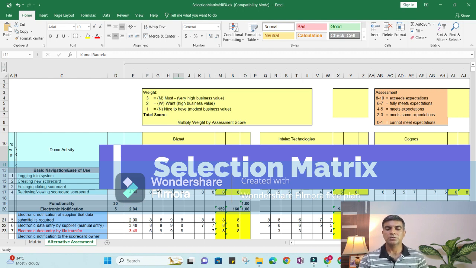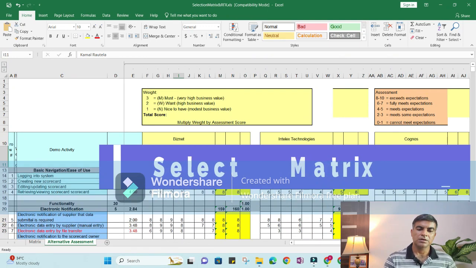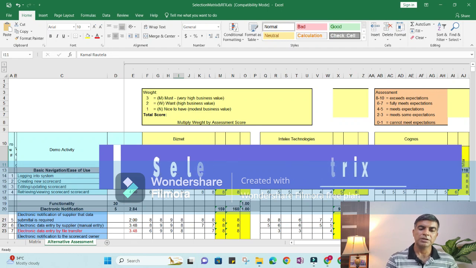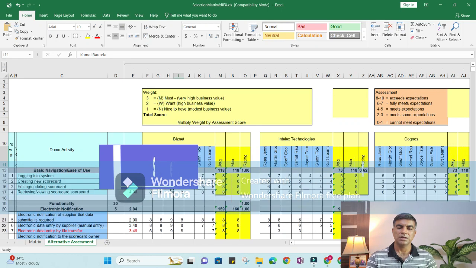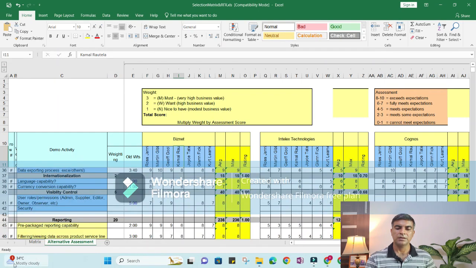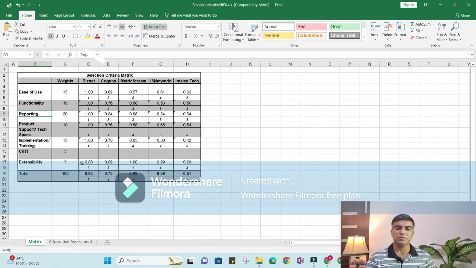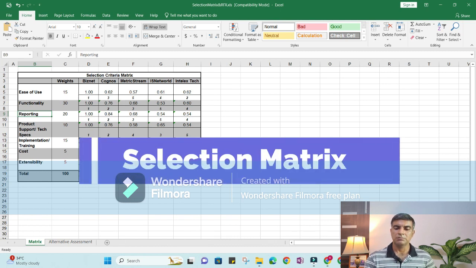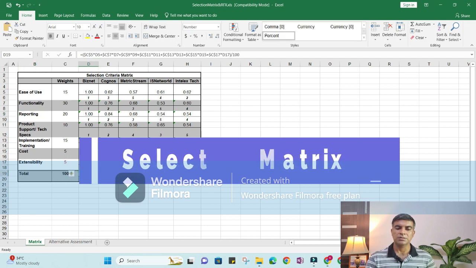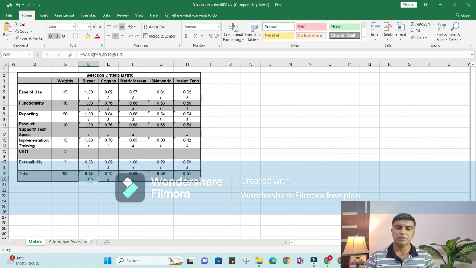Each of the team members would take each of the suppliers' responses, read those, and attend the demos of the suppliers, and then score them individually on each of the questions, aggregate them up to each of the criteria, and then we'll have a final score for each of the suppliers. And that's how we came up with the best supplier. As you can see, in this case, BizNet was the highest scoring supplier. That is the one we went with.